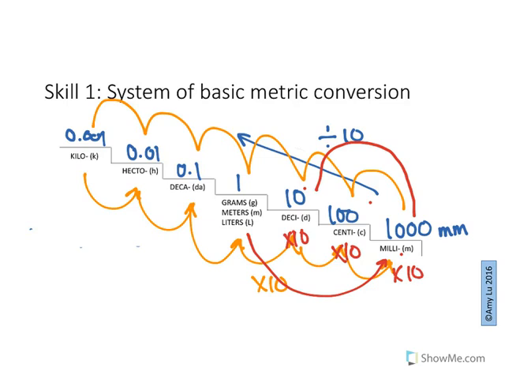So I'm really multiplying by 1,000. So just basically know that when you go to a higher unit of measure, you have to divide by 10. When you're going to a smaller unit of measure, you're multiplying by 10 each time.